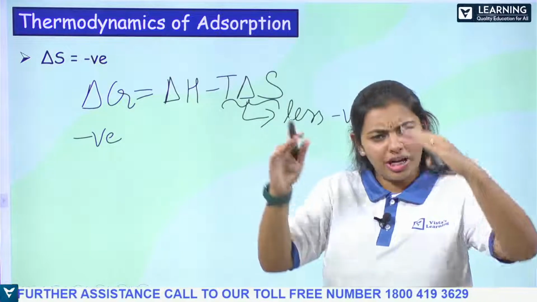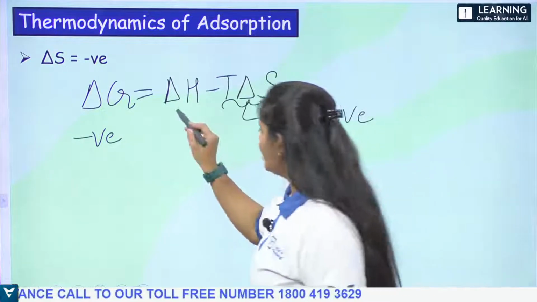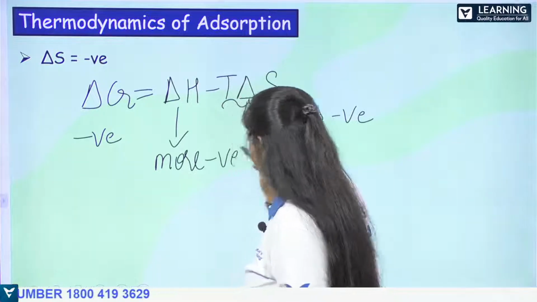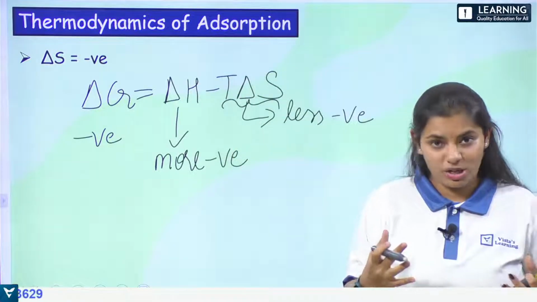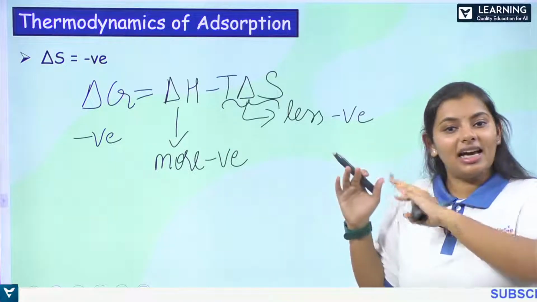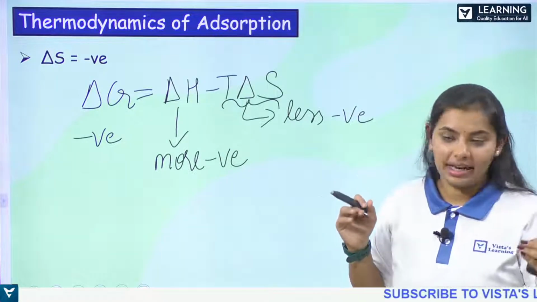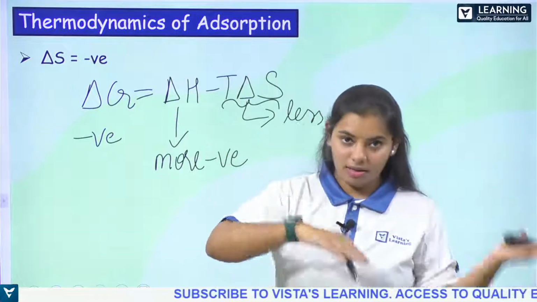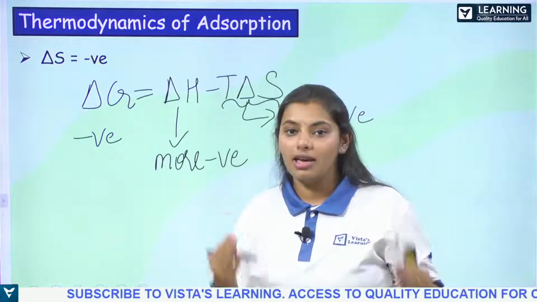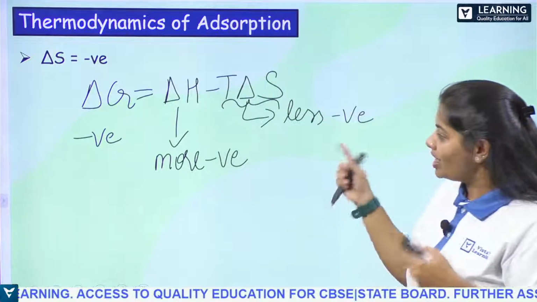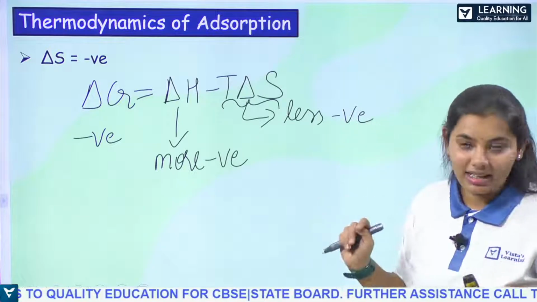The randomness should reduce more and more, and delta H should be more negative. That is the heat which is released. So delta H should be more negative and T delta S, this entire thing, should be less negative. That is when we can make delta G negative, which finally makes the entire Gibbs energy process spontaneous in nature. So we saw how exactly delta S is negative in nature.